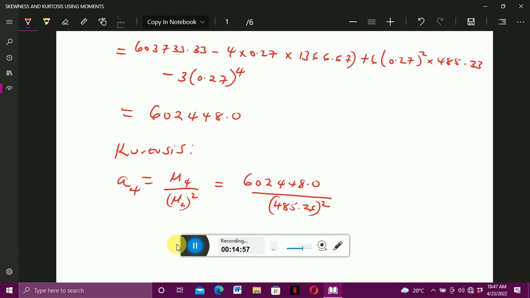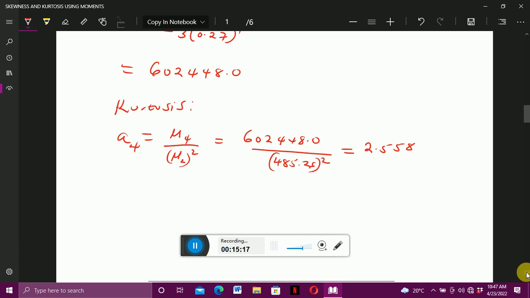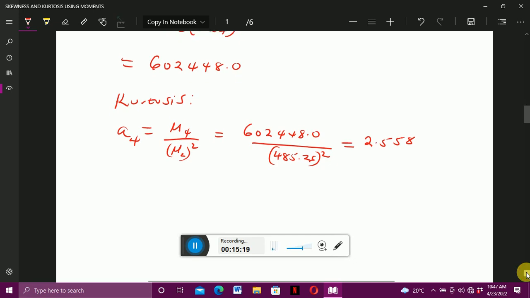That is mu2. That is the second moment about the mean. And once we work out that, we should get 2.558. That is our coefficient of kurtosis using moments.